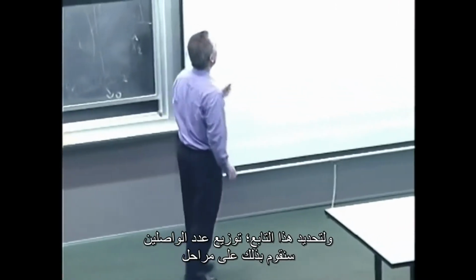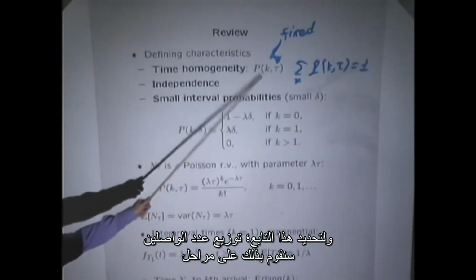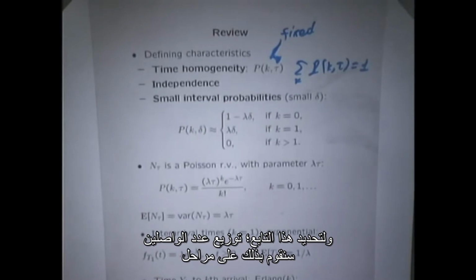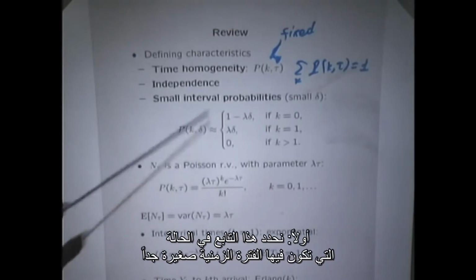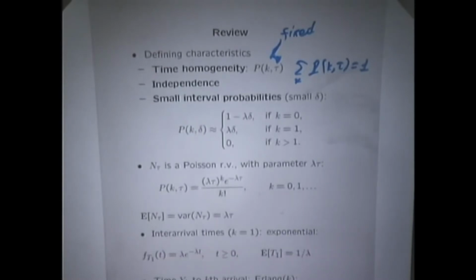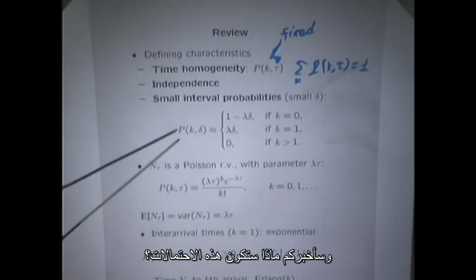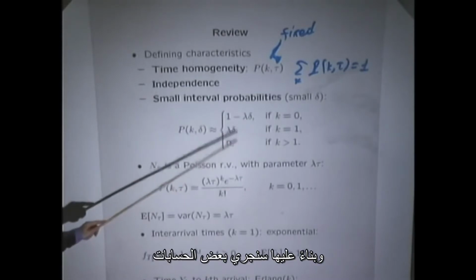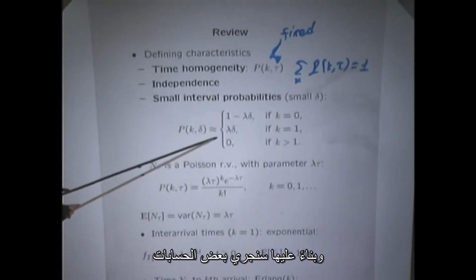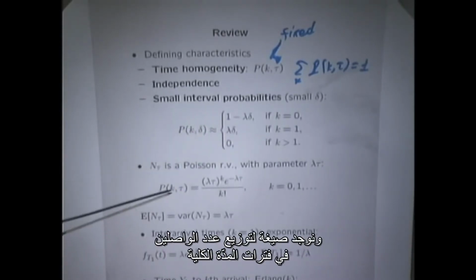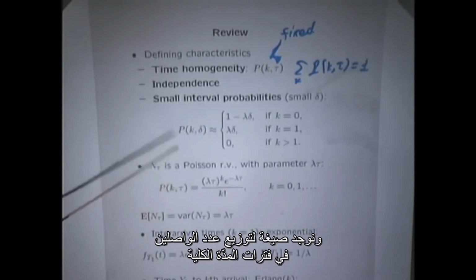And then to specify this function, the distribution of the number of arrivals, we go in stages. We first specify this function for the case where the time interval is very small, and I'm telling you what those probabilities will be. And based on these, then we do some calculations and find a formula for the distribution of the number of arrivals for intervals of a general duration.